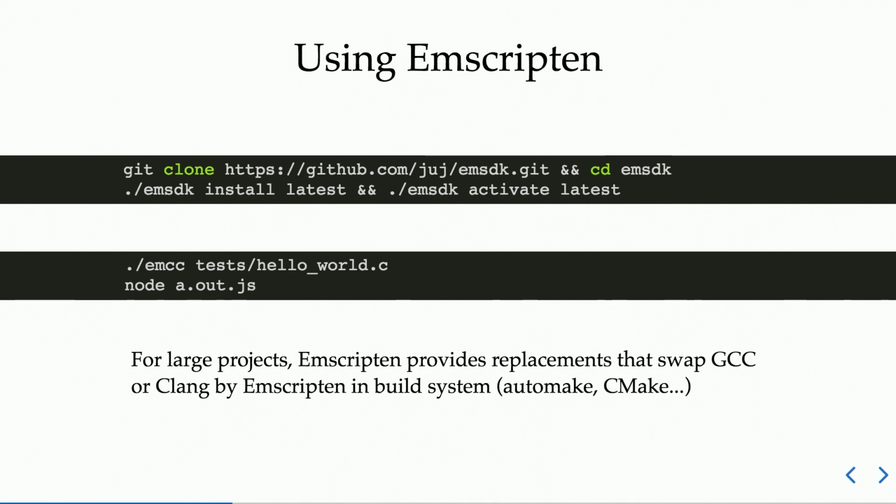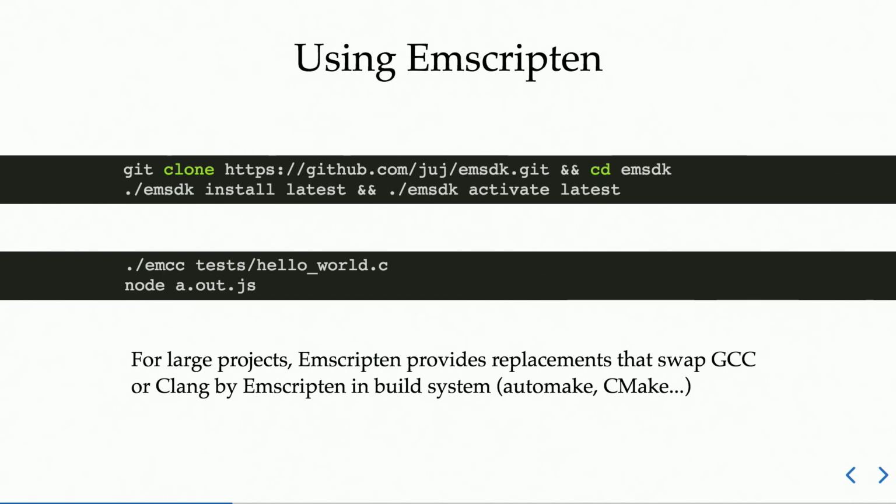How it works? Like this. You can just clone the EM SDK, install the latest toolchain, and then in a few minutes, you are able to use and run this compiler called EMCC, which is a wrapper around all the toolchain that I've shown, and compile a C file down to WebAssembly and JS.